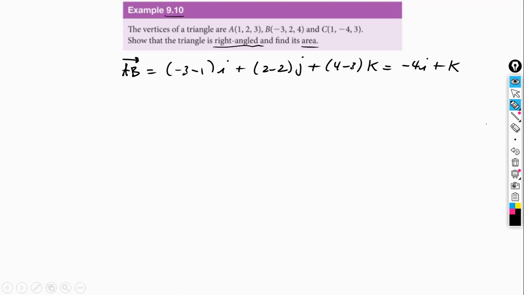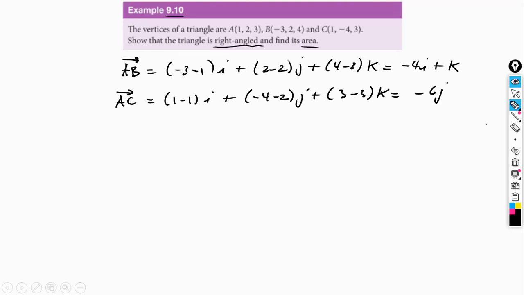Then we have a vector AC, which is going to be 1 minus 1 i plus minus 4 minus 2 j plus 3 minus 3 k, and this is going to be minus 6j.